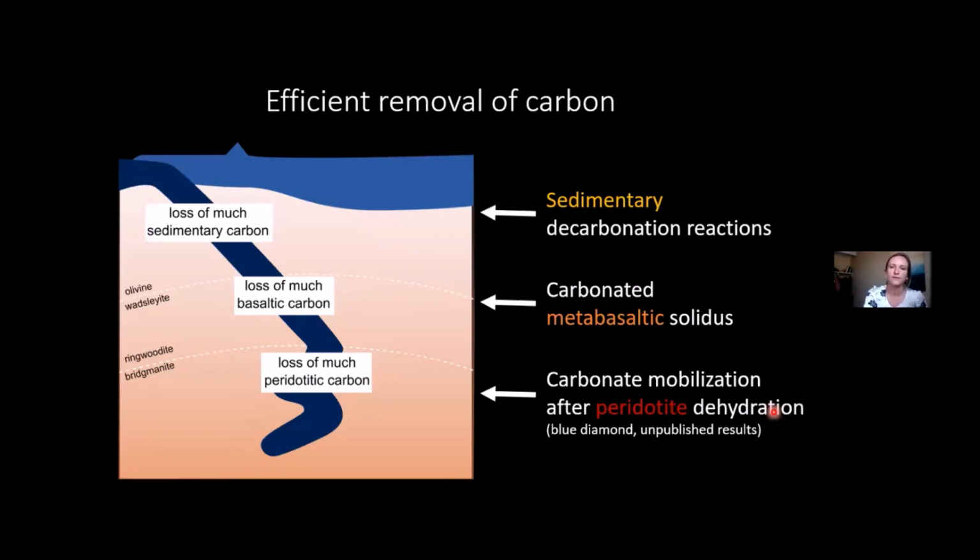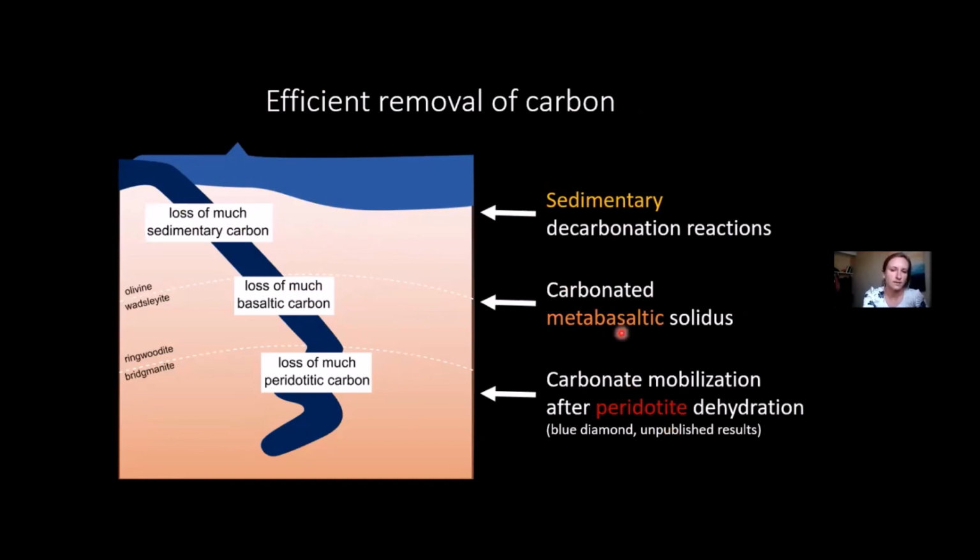And so if we make a few generalizations about what we've learned about the carbon cycle, we can state that perhaps a vast majority of carbon in sedimentary units is released in the upper mantle. However, the basaltic and peridotitic portion of a slab may be able to transfer some carbon beyond this arc system and into the deeper mantle.